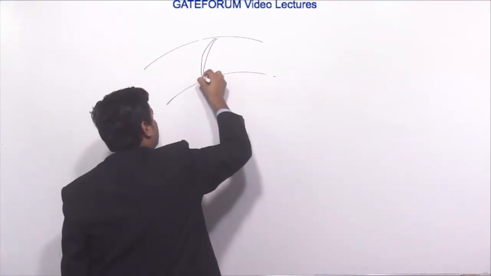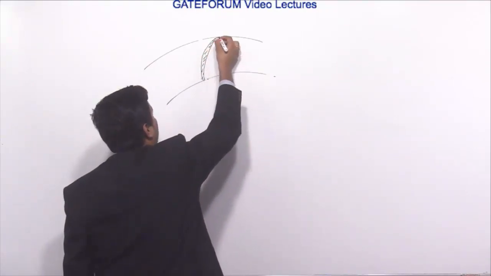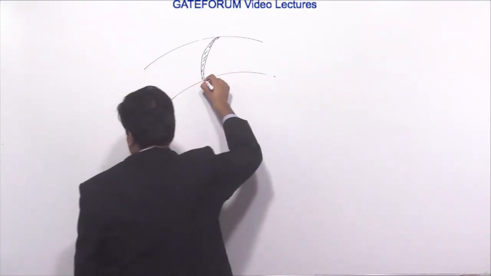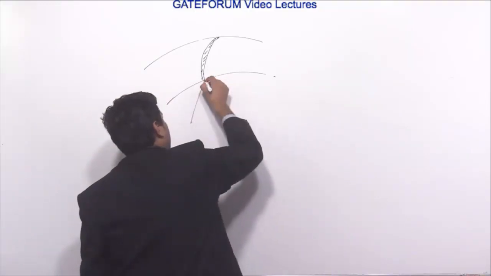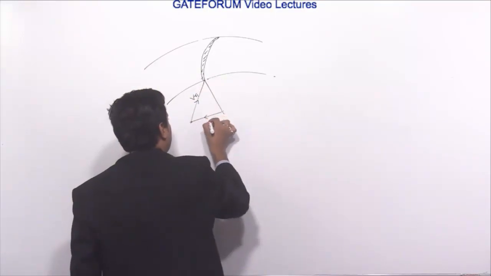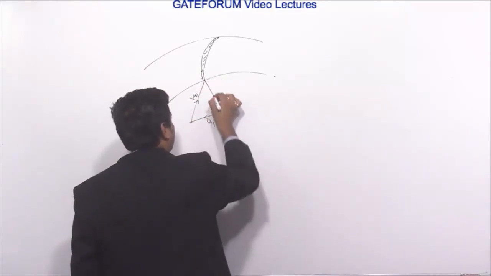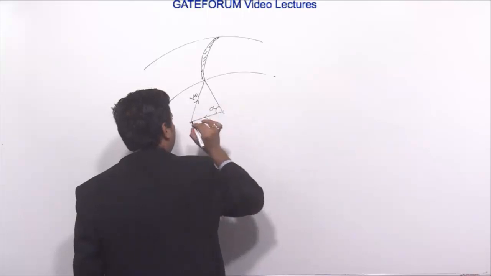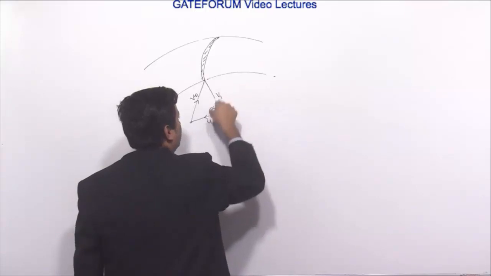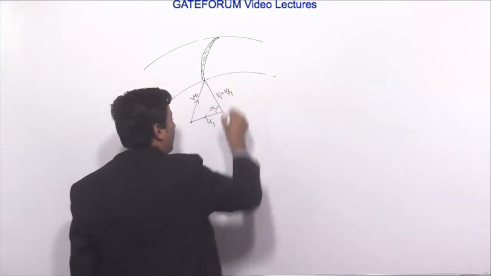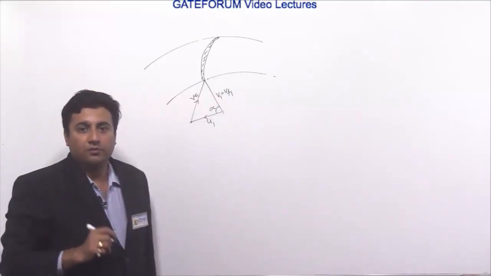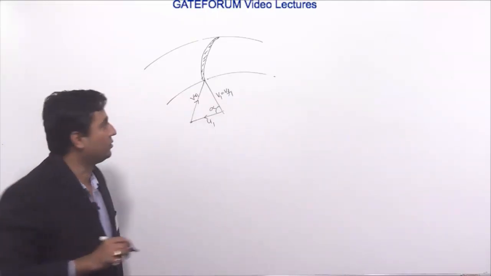From here water is entering in the axial direction, so that will be your relative velocity and that will be your u1, and that will be your alpha angle, the inlet angle. So v1 is equal to vf1 because the entry of the liquid into the pump is axial.